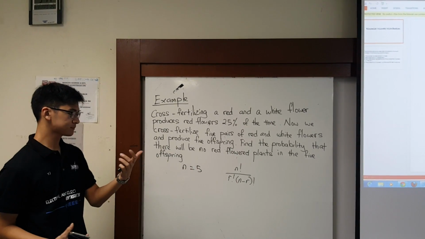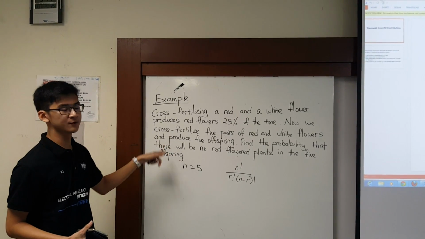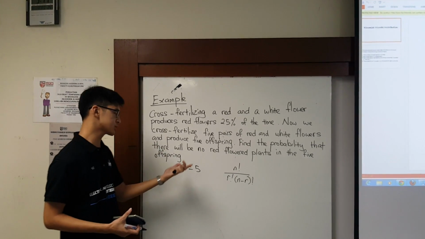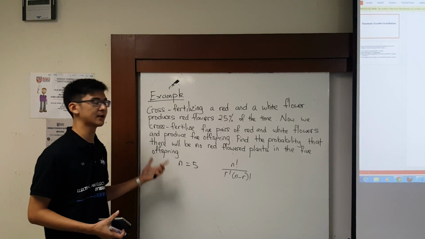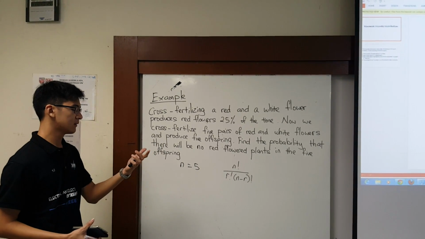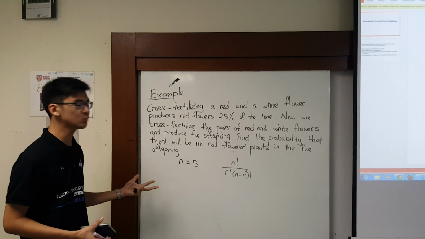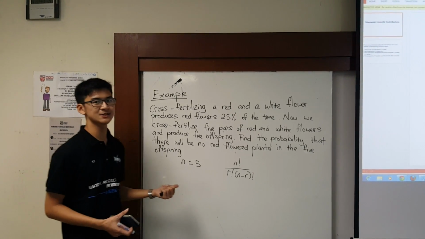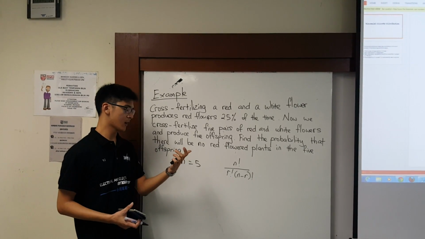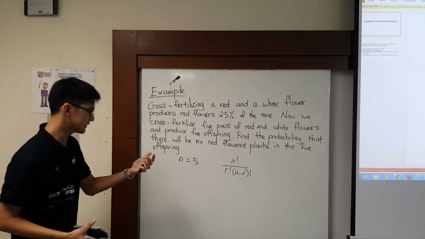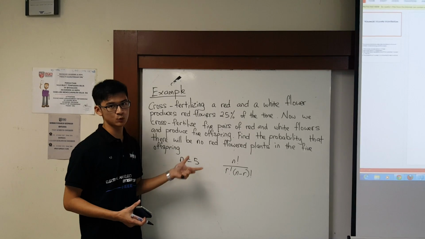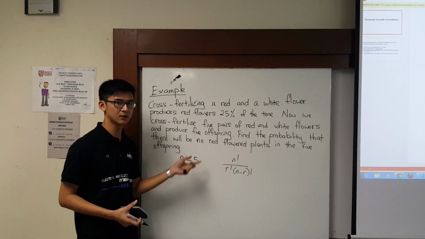Each observation has an equal chance of success, and they are also independent. There are only two outcomes, success and failure, in this question. And finally, the probability of success is equal for each outcome.